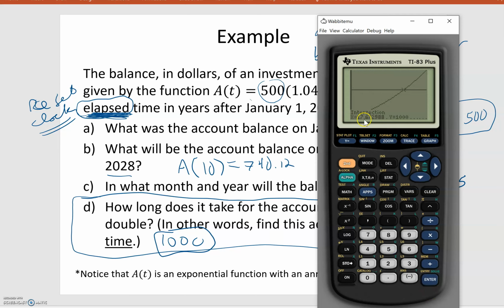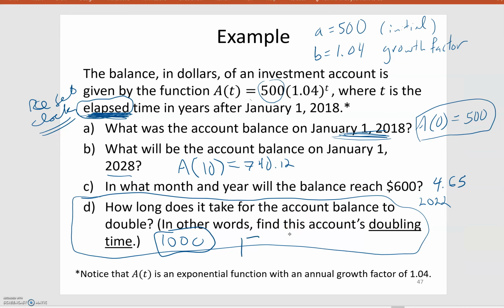And my intersection is 17.67 years to double. So this means every 17.67 years I will double what I had previously.